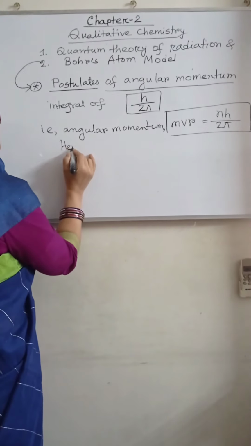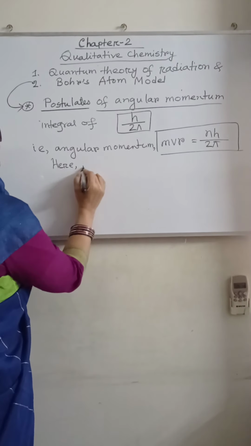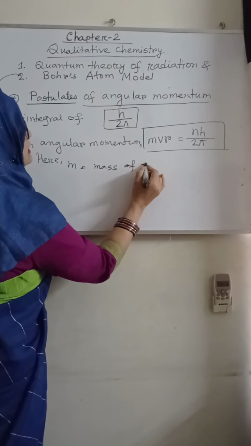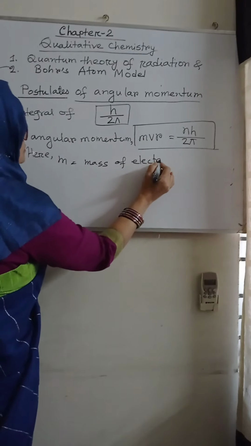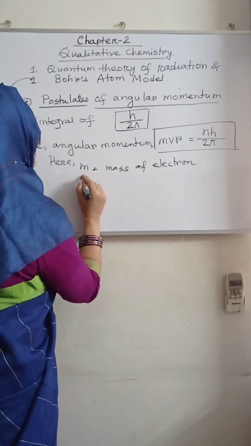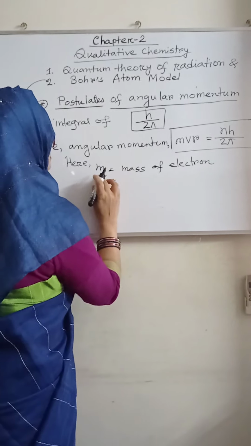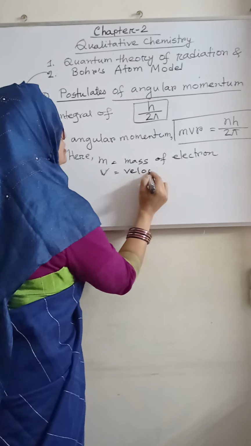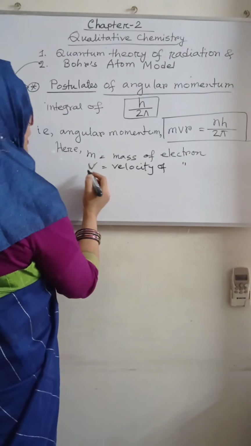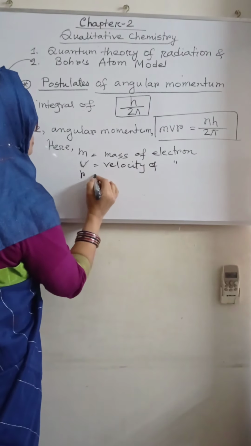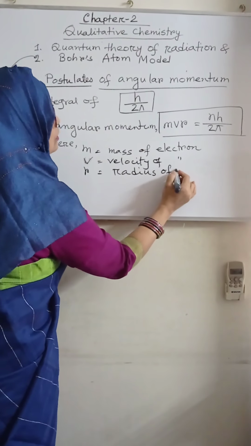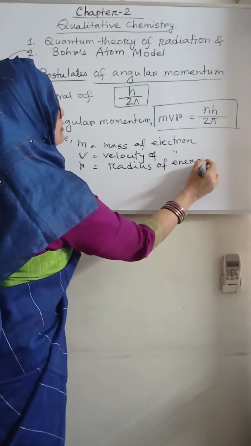Here m equals mass of the electron, v equals velocity of the electron, and r equals radius of the energy level.